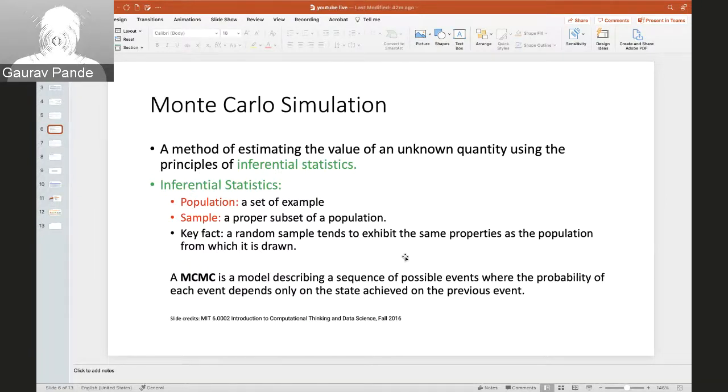And Markov chain Monte Carlo is basically a model describing the sequence of all possible events where the probability of each event depends only on the state achieved in the previous event. So basically you pick a random variable randomly, and then you set a value, then you move to the next timestamp.